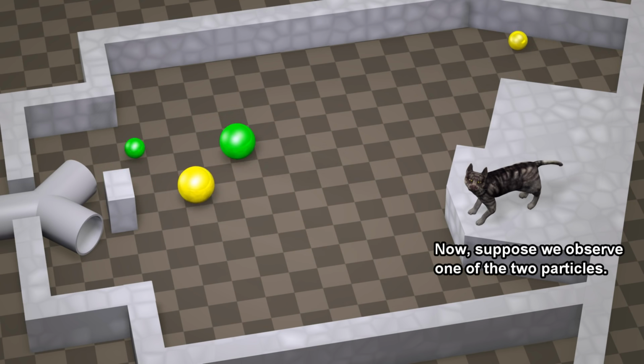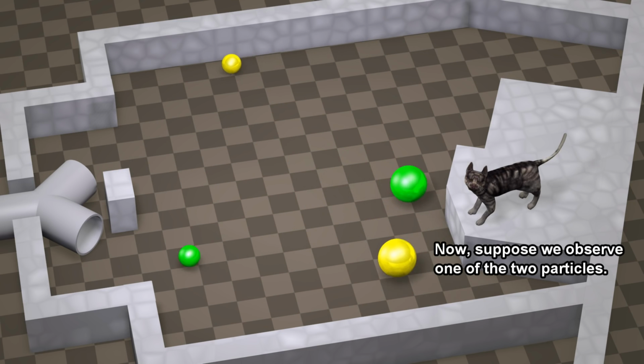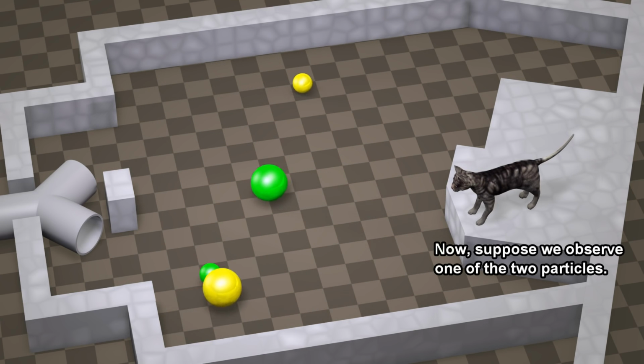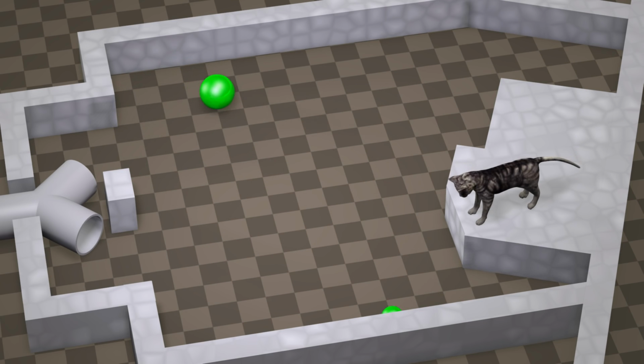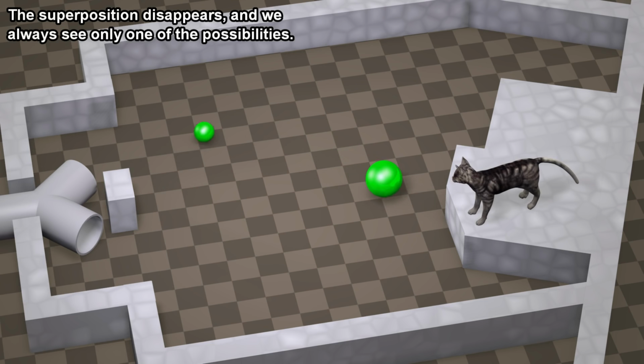Now, suppose we observe one of the two particles. The superposition disappears, and we always see only one of the possibilities.